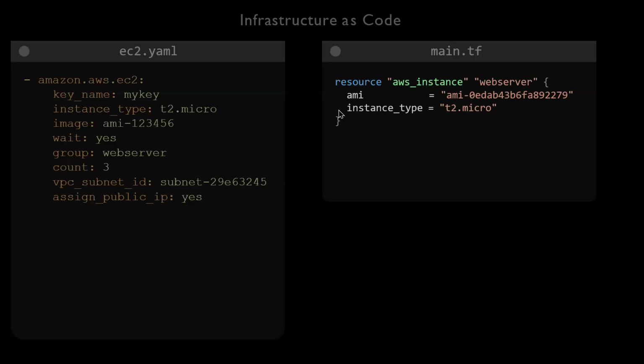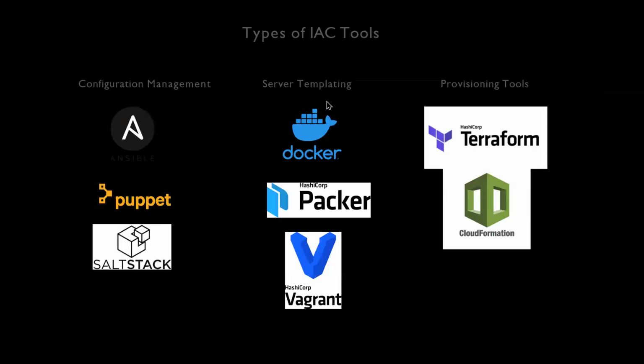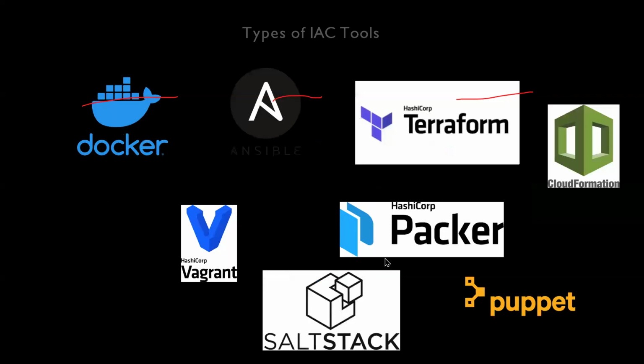Yes. So there are various IaC tools available in the market, but whatever it is, it's all categorized into these three factors. One is configuration management, server templating, and provisioning. We have a lot of things like Terraform, HashiCorp Packer, Vagrant, SaltStack, Puppet, Chef, Docker.